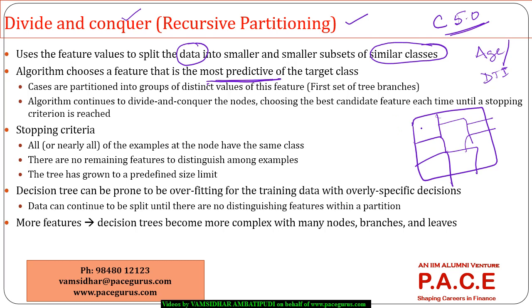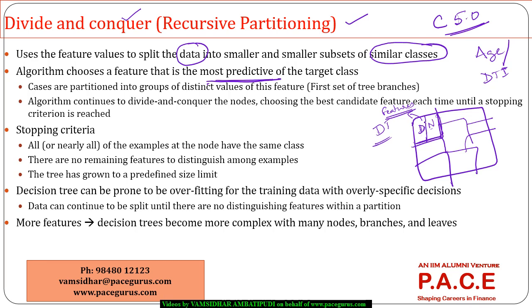Now within this particular subset, there are some defaulters and some non-defaulters. What the machine learning model, C5.0 or any decision tree model, will do is, within this subset of data, there are so many features. Which one single feature is able to distinguish between the defaulters and the non-defaulters more significantly, more comfortably?